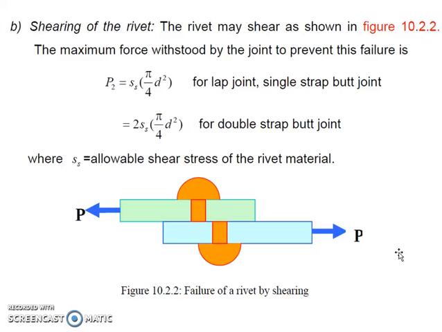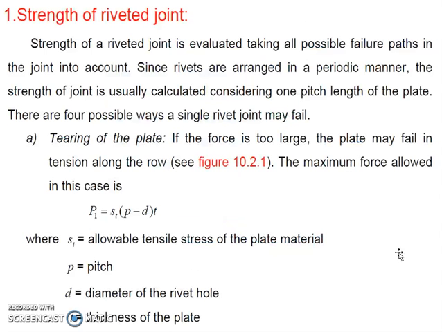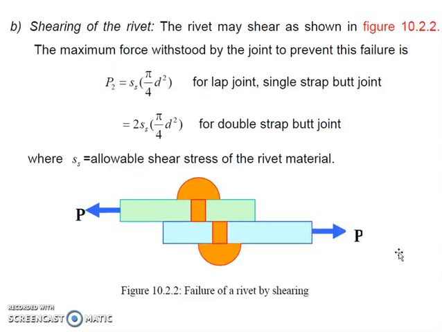And therefore you have a formula given here, which is SS, the allowable shear stress of the rivet, multiplied by the area of the rivet, that is pi by 4 d squared. As seen in the previous type, it was ST, the allowable tensile stress of the plate material, whereas here we are looking at the allowable shear stress of the rivet material.